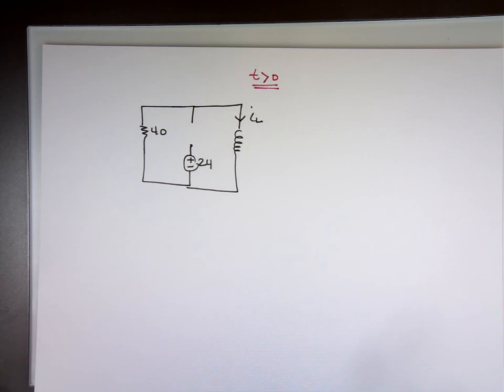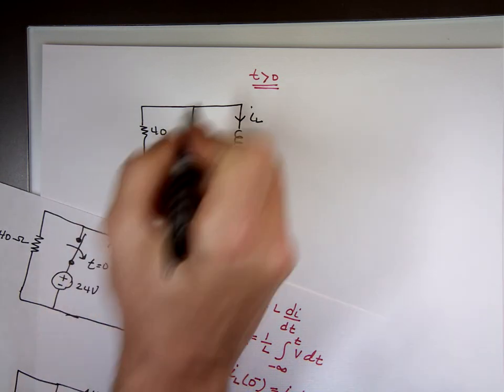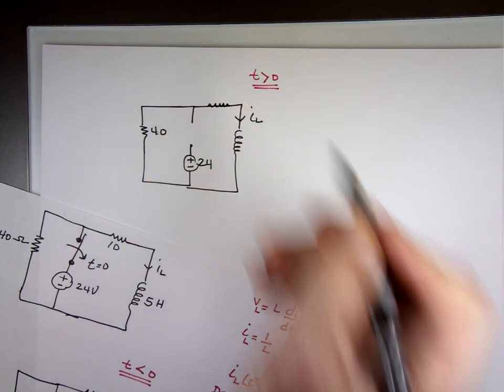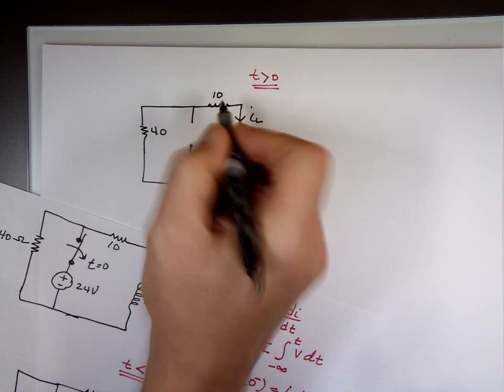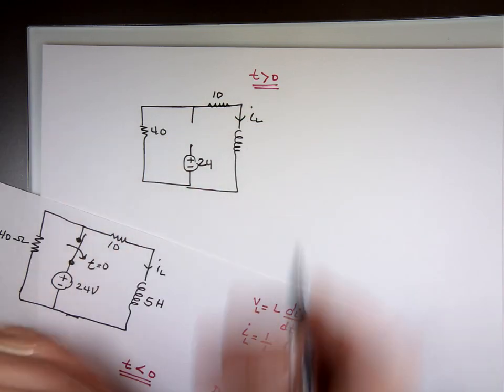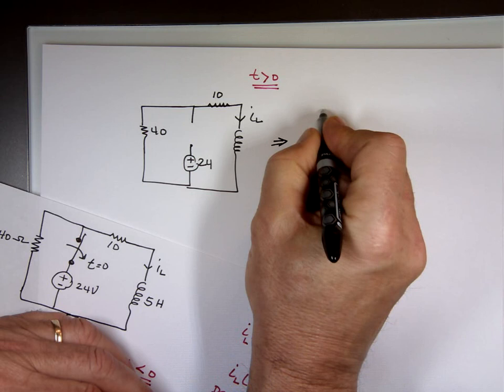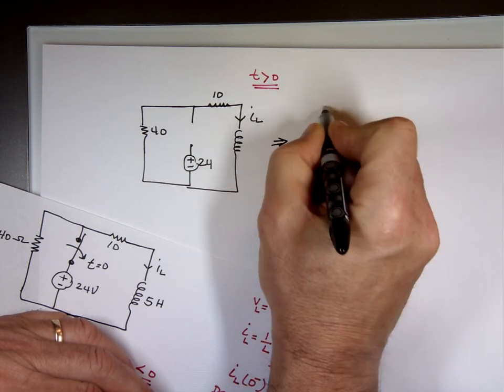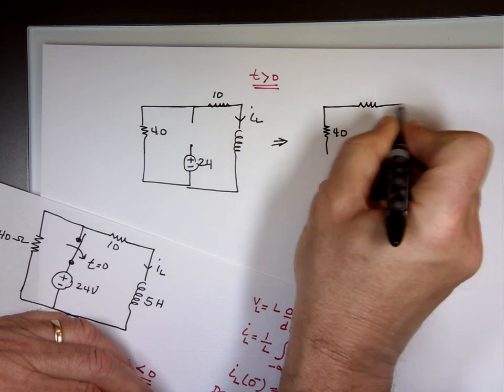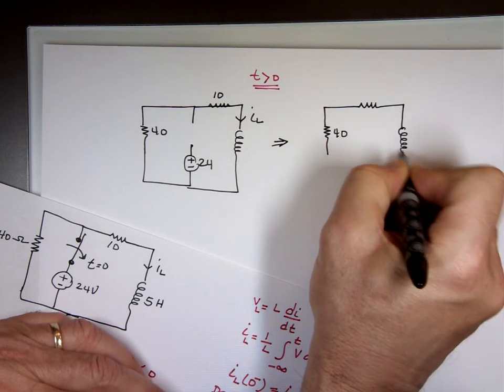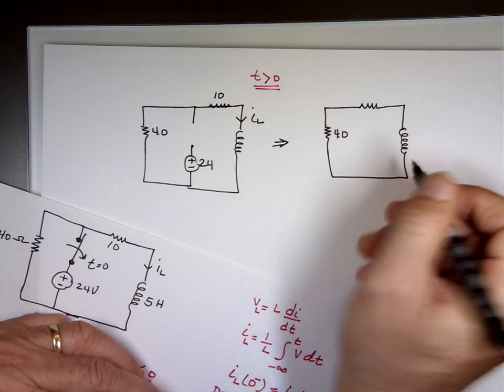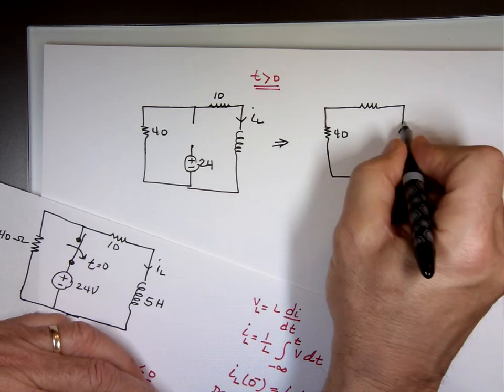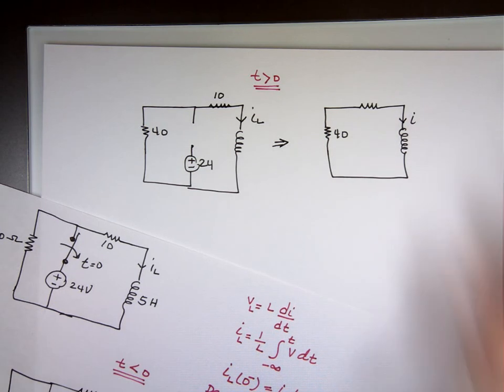That's what my circuit looks like. Oh, sorry, I missed the resistor on the top. Thank you. The 10. That source is useless. I can take it out. That's my circuit.